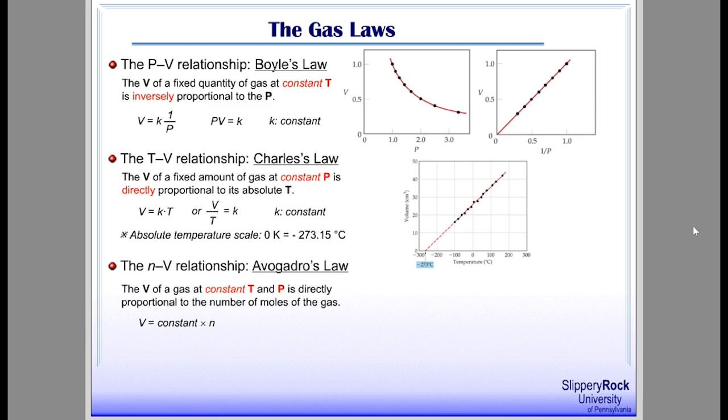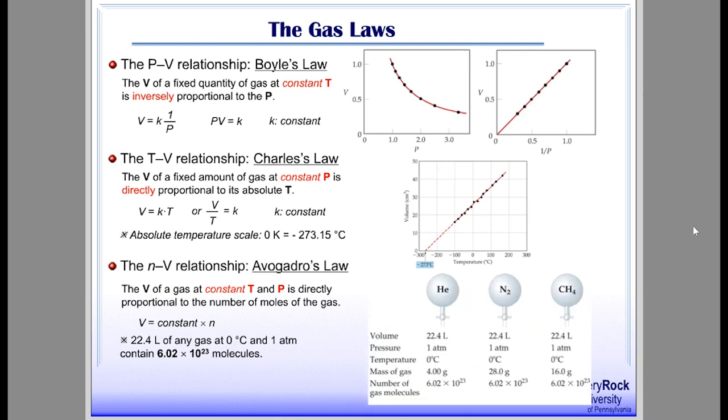Interestingly, the volume of 1 mole of any real gas is 22.4 liters at 0 Celsius and 1 atm. The volume of 3 real gases, helium, nitrogen, and methane, are shown on the right under the condition of 0 Celsius and 1 atm. I will talk more about it in the next slide.